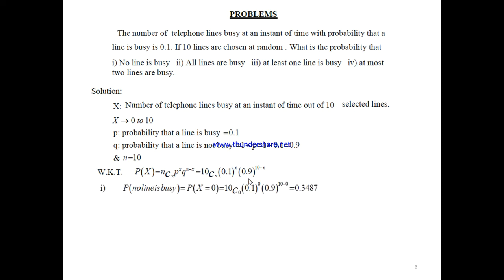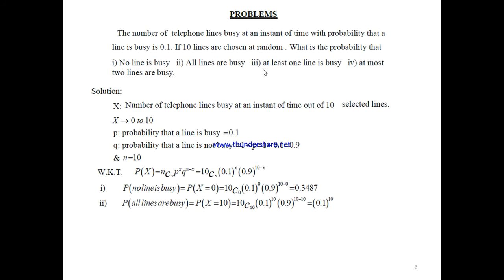And we are interested to find the probability that no line is busy. When no line is busy, the value for our random variable x is 0. So we are getting our p of x as 10C0, 0.1 power 0, 0.9 power 10 minus 0. After the simplification, we'll get the answer as 0.3487.